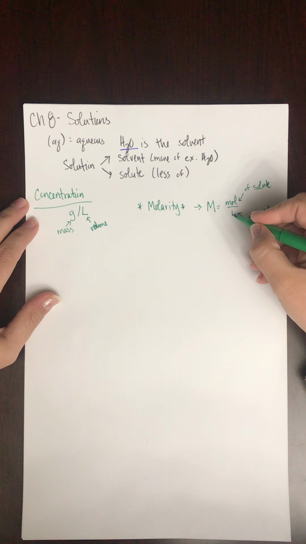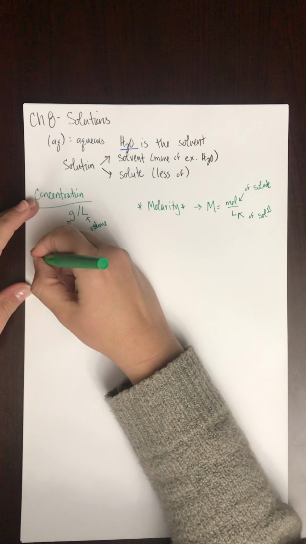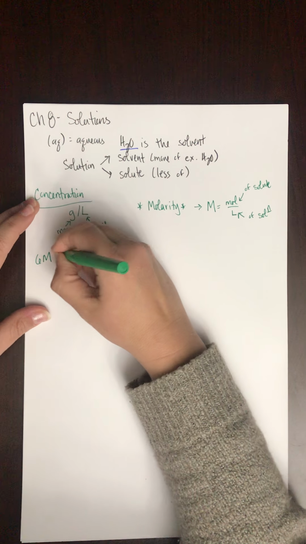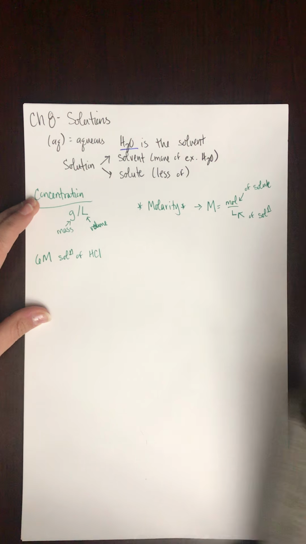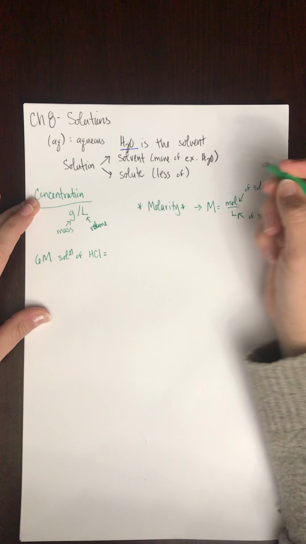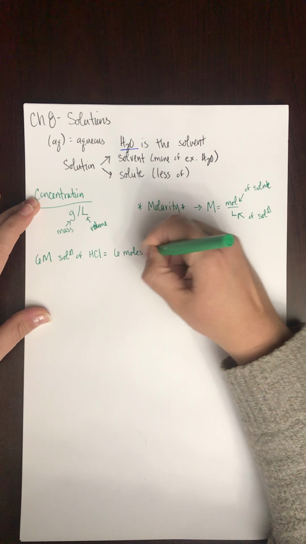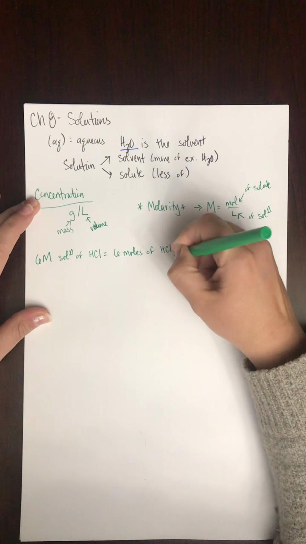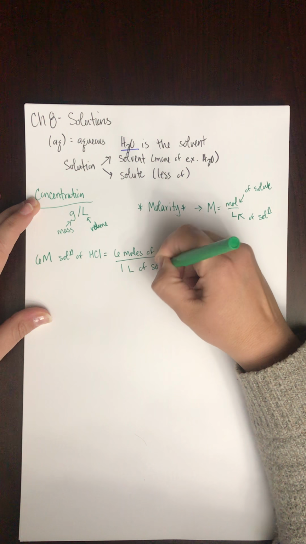The volume always has to be liters. So if I tell you I have a 6 molar solution of HCl, hydrochloric acid, or hydrogen chloride, that is the same thing as saying that I have 6 moles of HCl per 1 liter of solution.